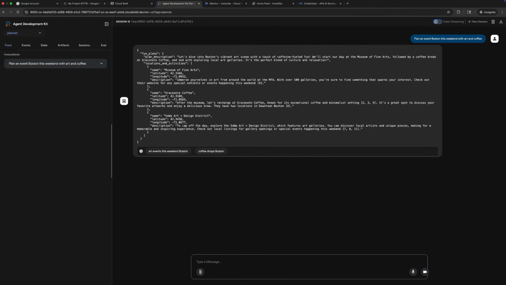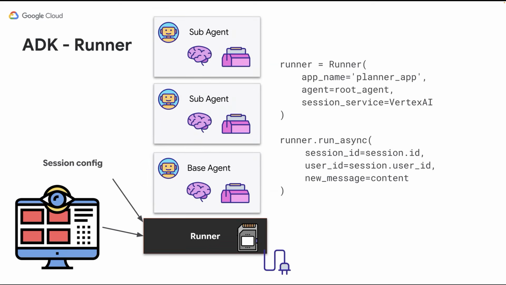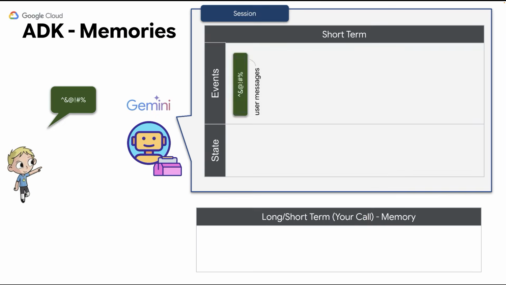So far, we've only used the dev UI. It manages the sessions and memories for our agents. But to actually use the agent programmatically, we'll need an ADK runner. Think of a runner as what's providing the power and the memory to make an agent run. It manages the entire life cycle, including sessions and conversation histories.